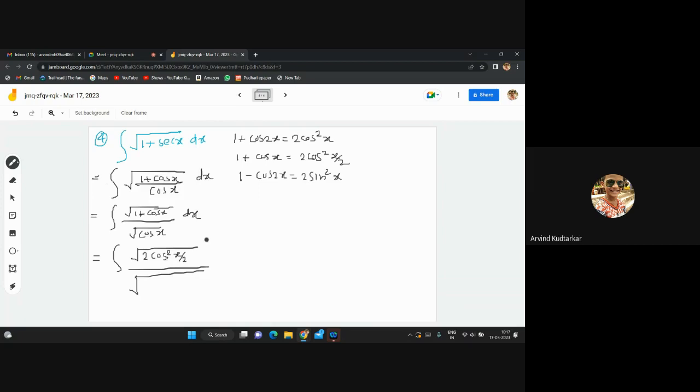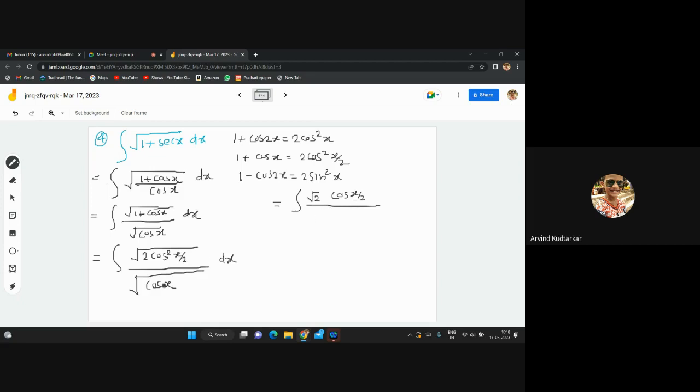Root a into root b. You can take the root of each term separately. This is possible by using the index law. Right? So into dx upon cos of x, that equals integration of root 2 into root of cos square x by 2, which is cos of x by 2, upon cos x.